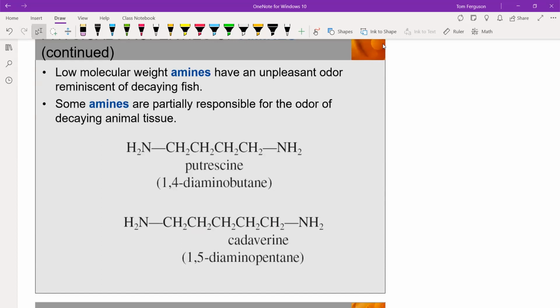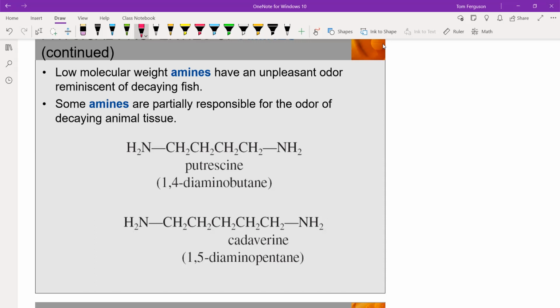Now, amines can have a very unpleasant odor, just as sulfur compounds can have an unpleasant odor. And it's for the same reason, actually. For example, if you look at this 4-carbon double amino group, and this 5-carbon double amino group, there are very, very unpleasant smells.